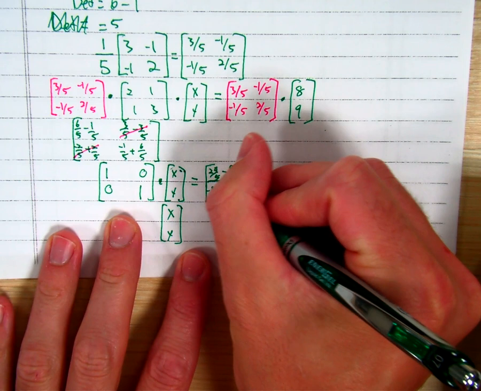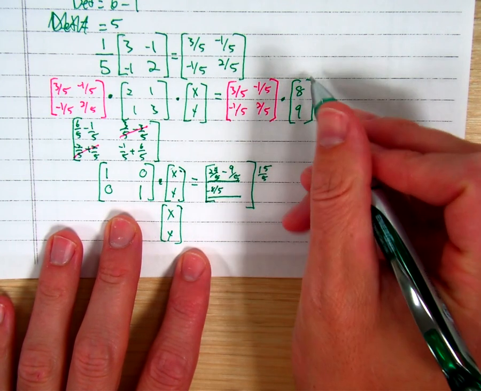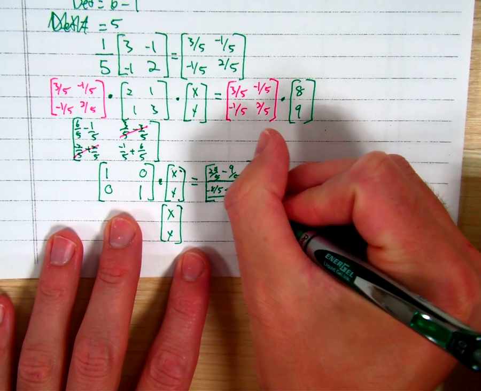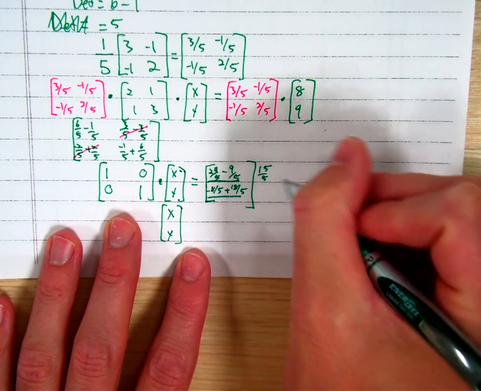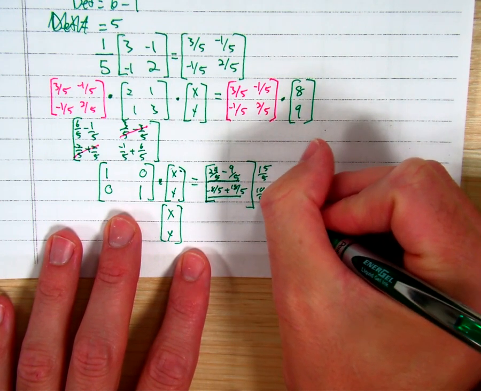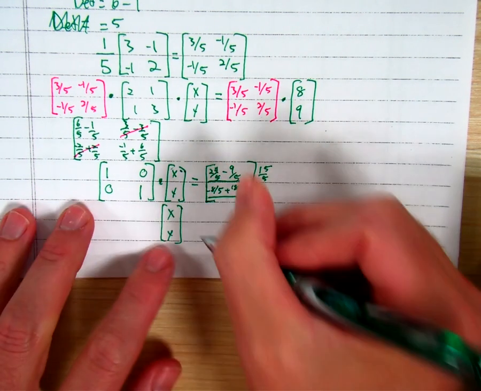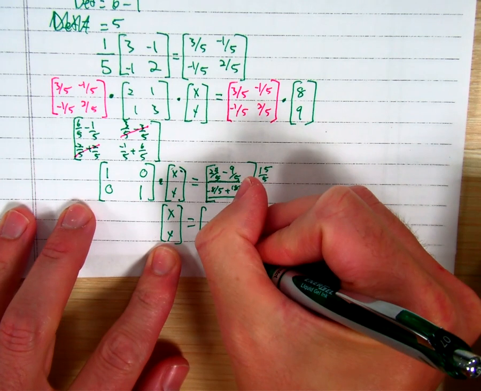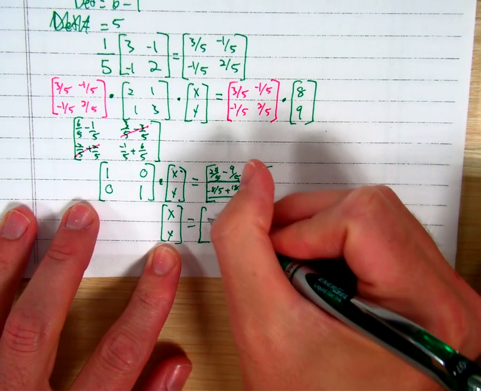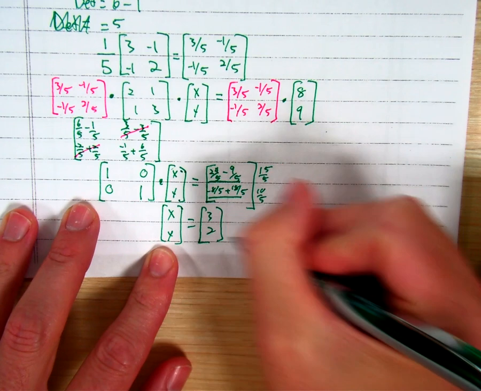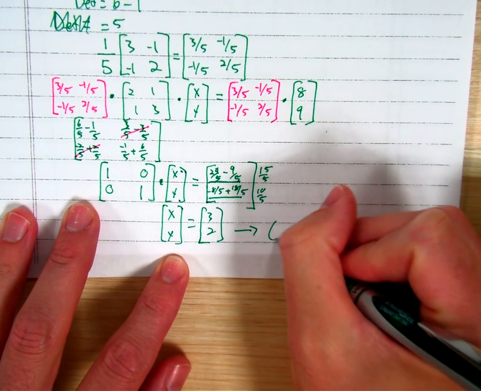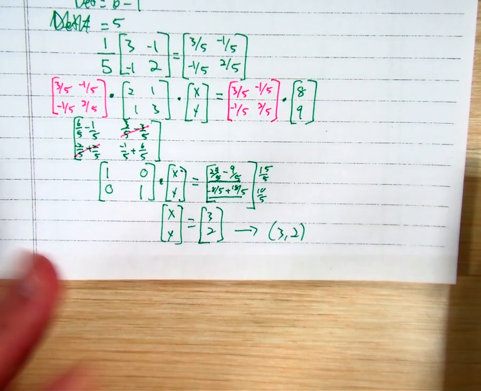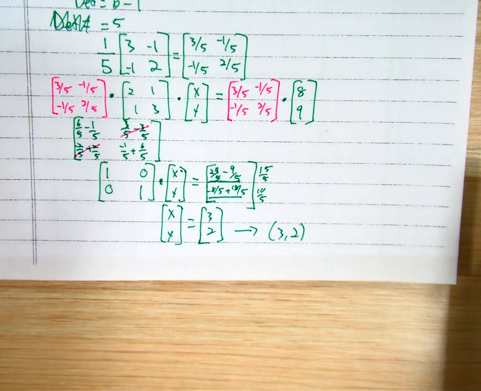We got negative 8/5. 2/5 times 9, positive 18/5. That's going to be 10/5, or 2. So we got 3, 2, which is the point we had on all of them.